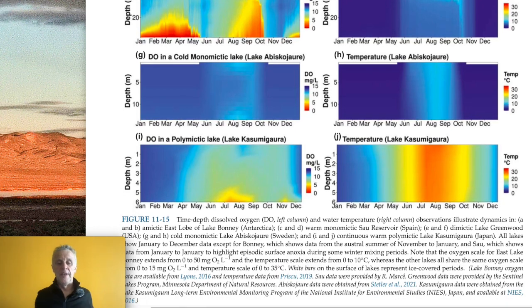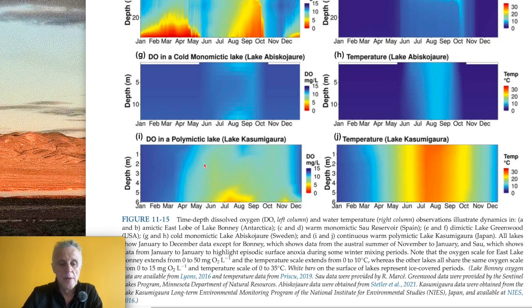So this is the lake in Japan, and there's no ice cover during that year. This is a polymictic lake, so it turns over more than once, more than twice actually.